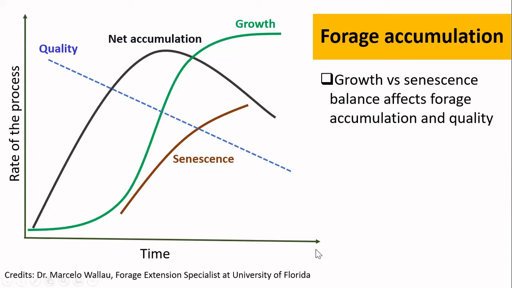So this graph represents time on one axis, and on the right axis we have rate of the process. Here we have quality, net accumulation, growth, and senescence, and each one of them has a different color, representing what's happening over time.